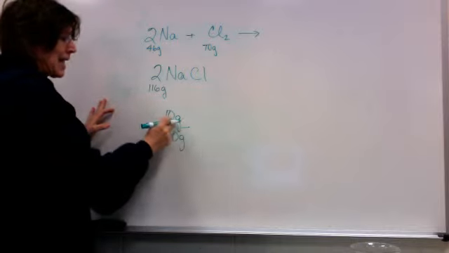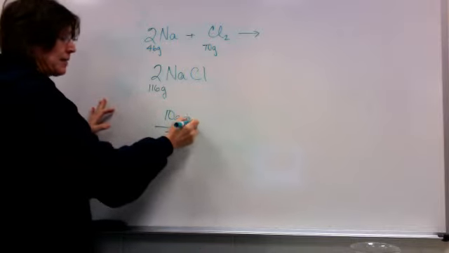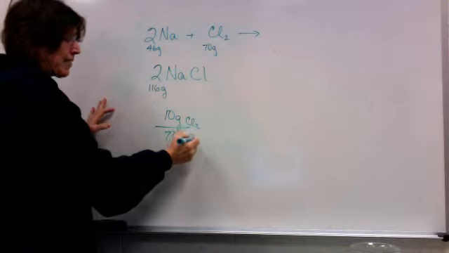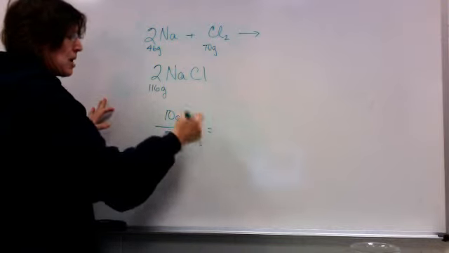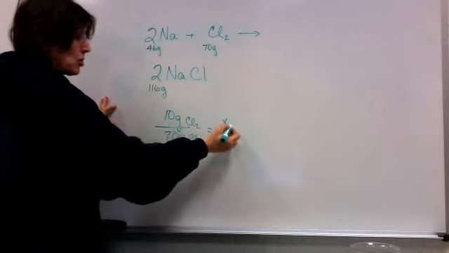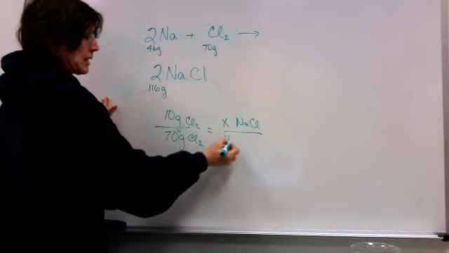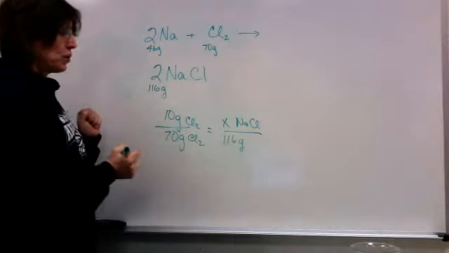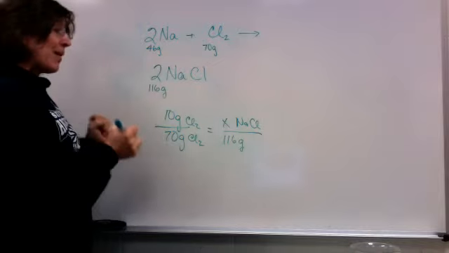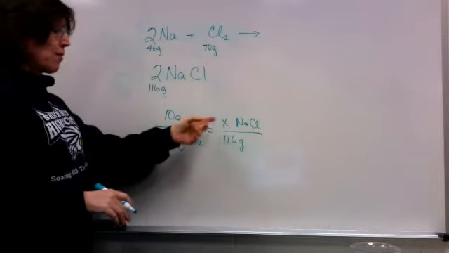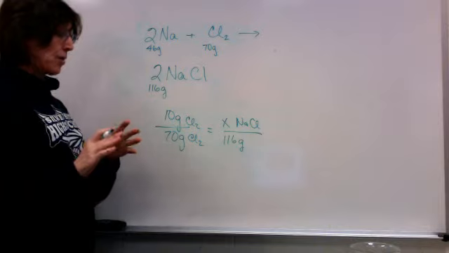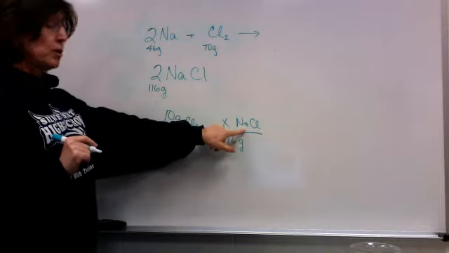Okay, so I'm going to take 10 grams of chlorine gas. I usually need 70 grams of chlorine gas. I don't know how much sodium chloride I'm going to make, but I usually make 116 grams of sodium chloride.